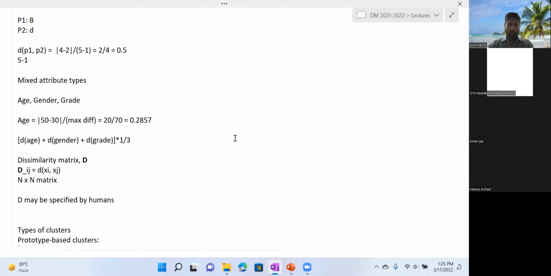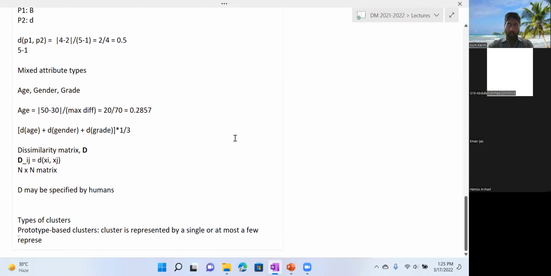In prototype-based clusters, a cluster is represented by a single or at most a few representative objects within it. Okay?